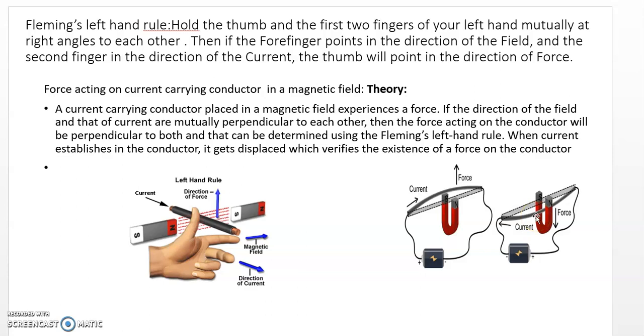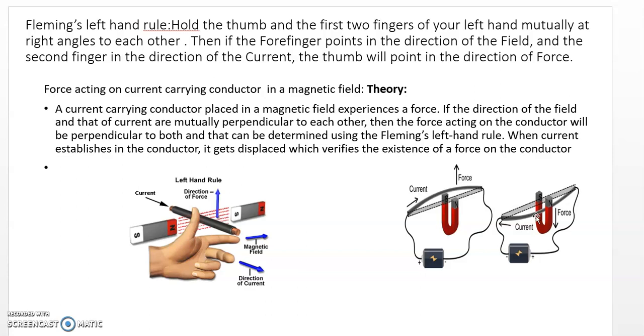So this means that whenever a current is flowing, the wire bends. If the direction of the current is reversed, it also bends, but in the opposite direction.